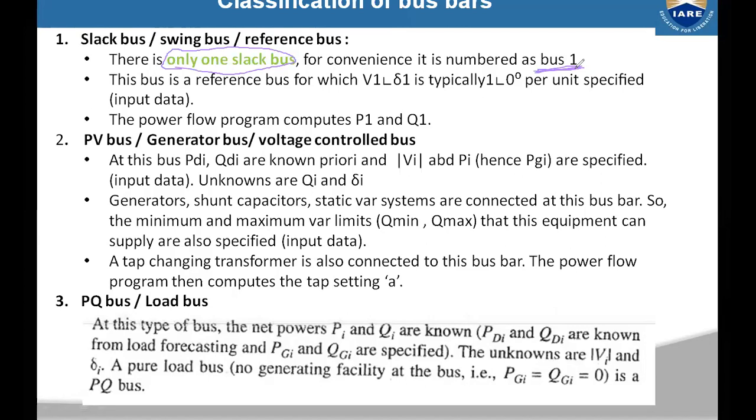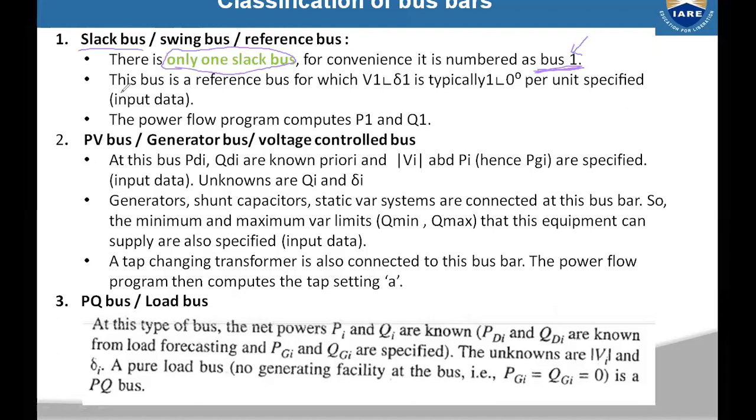So while doing the load flow calculations, bus 1 will be treated as the slack bus. That means the slack bus will be considered as bus 1, right? This slack bus is a large generator bus. Wherever there is large generation, that bus will be considered as the slack bus, and it will be represented as bus number 1.